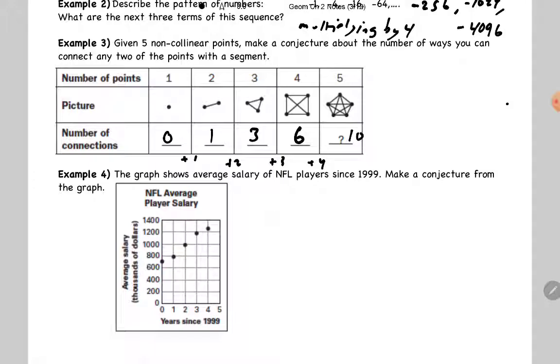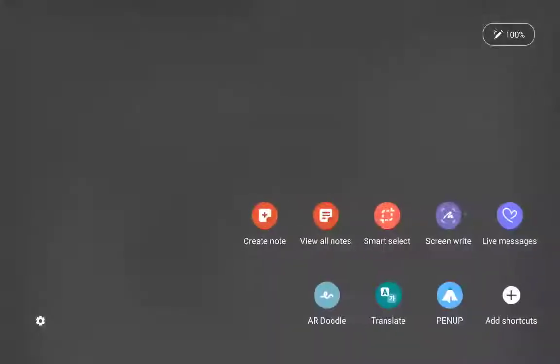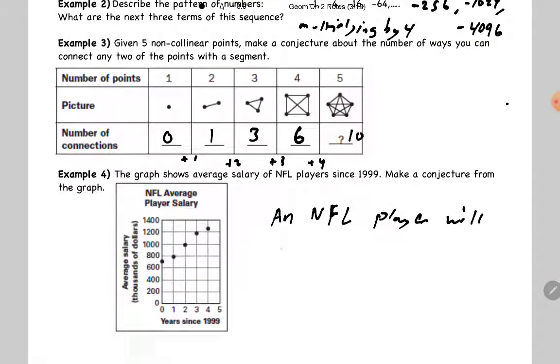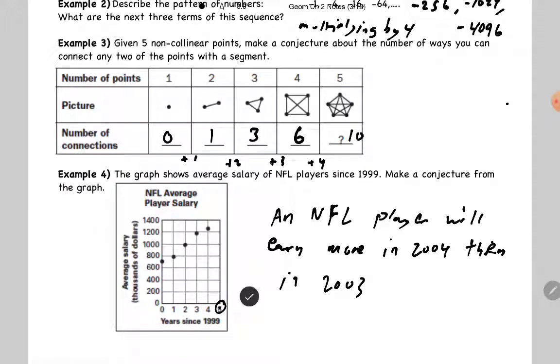But you can obviously guess that an NFL player will earn more in 2004 than in 2003, because the 5th year here is 2004.